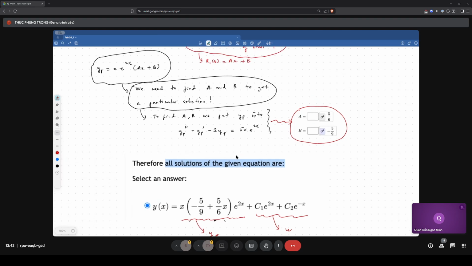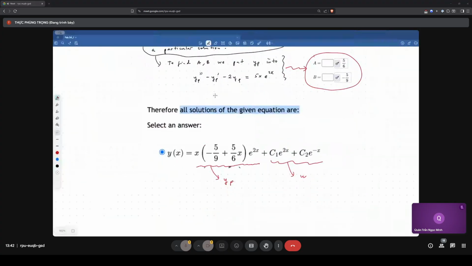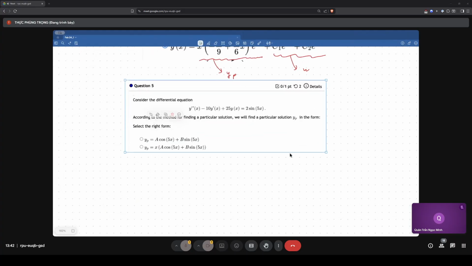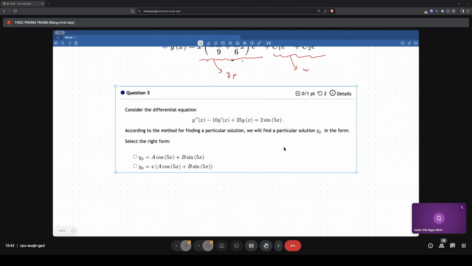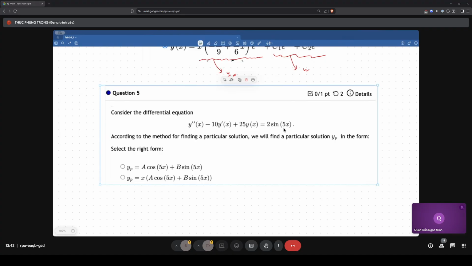We still have time, so let's do the last question. Question number 5. But I do only the part for finding the form only. After the form, you need to find all parameters A, B, and get an exact particular solution.